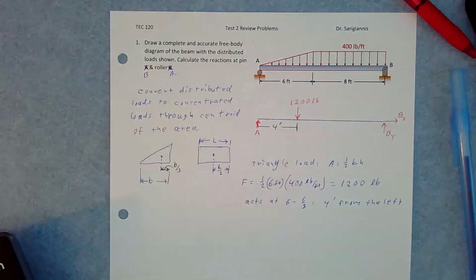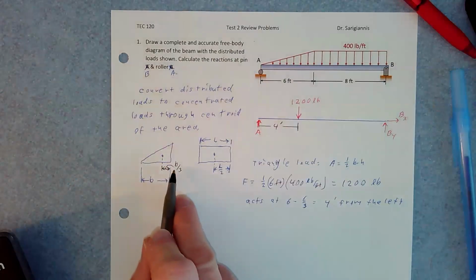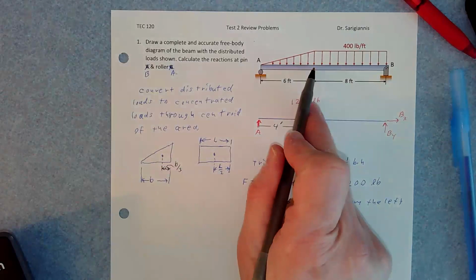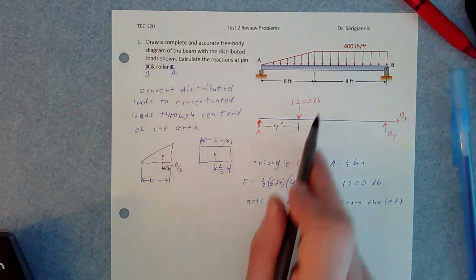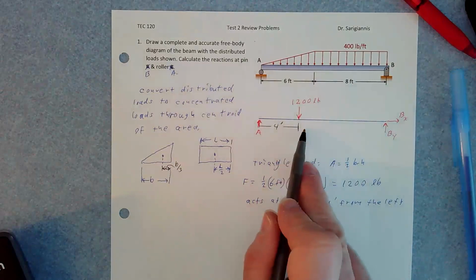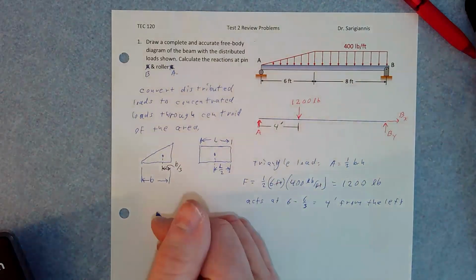All right, if you look at the triangle, the base of the triangle is 6. Base over 3, that's the distance from this end to the centroid where the force acts through. That's 2 feet. So we've got 6 feet minus 2 feet gives me 4 feet from the left, where this is coming from. All right, let's look at the rectangular load next.